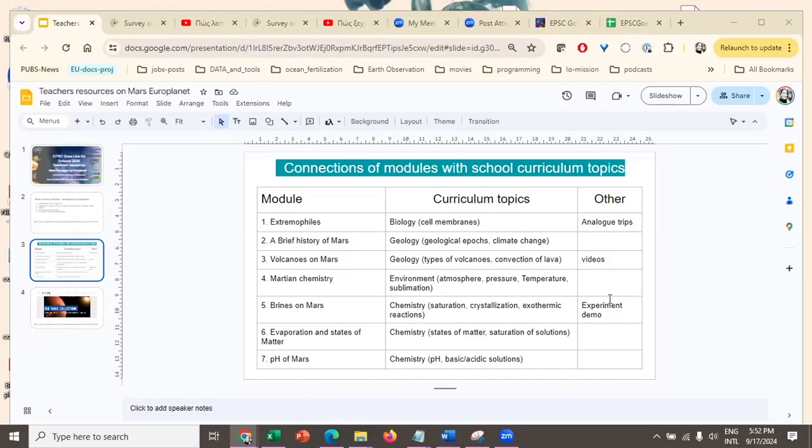Okay, I see in Kosovo, students learn astronomy at grade 12. Is grade 12 not age 12, right? This is at 18 years old, if I'm not wrong. Just to make sure, because I don't want to misunderstand anything. Yes, thank you, Blerton. So astronomy is a topic that almost all of these modules touch upon, maybe more the brief history of Mars and the volcanoes of Mars, because a lot of those we are actually observing thanks to satellites.